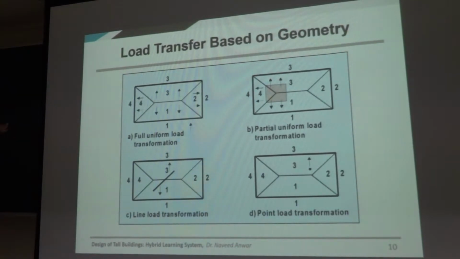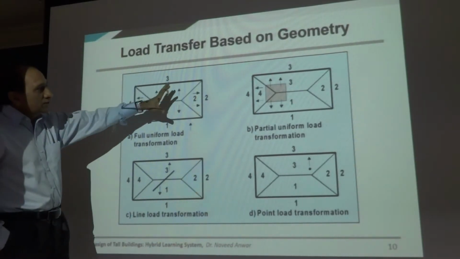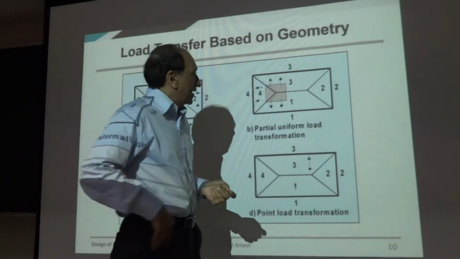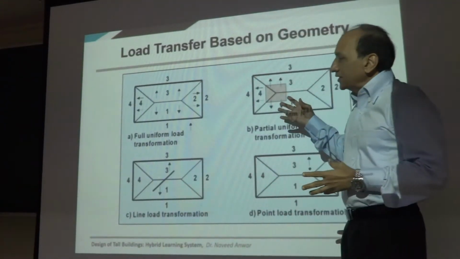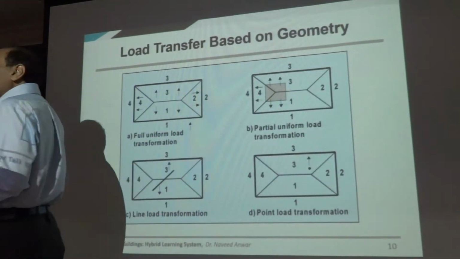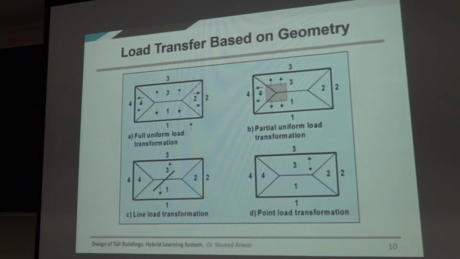This is now details about the load transfer for some of the typical cases. And now comes the interesting question: the choice of the elements that we talked about the other day.